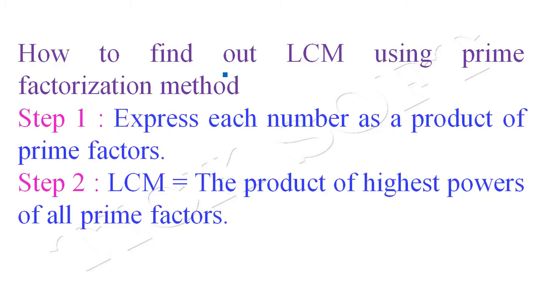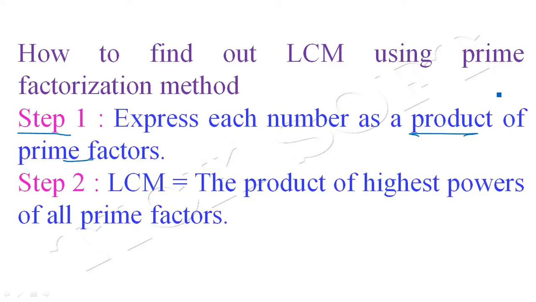First, let us see how to find the LCM using the prime factorization method. Here we have the following steps. Step 1 is to express each number as a product of prime factors.